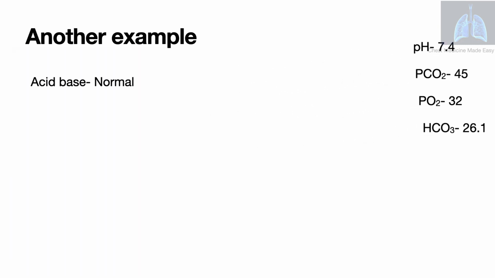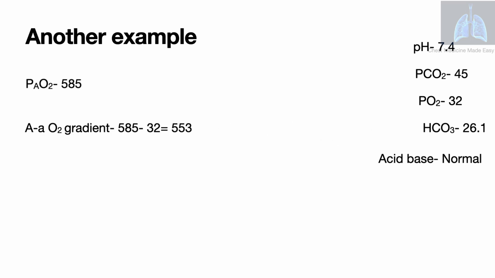So the acid-base status here is normal, but the patient is hypoxic. The alveolar oxygen partial pressure here is 713 multiplied by 0.9, which is your fraction of inspired oxygen, minus 45, which is your PCO2, divided by 0.8.